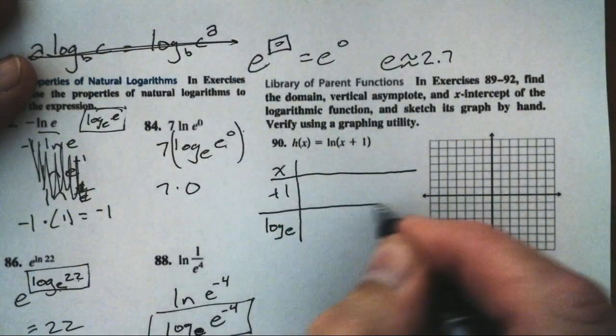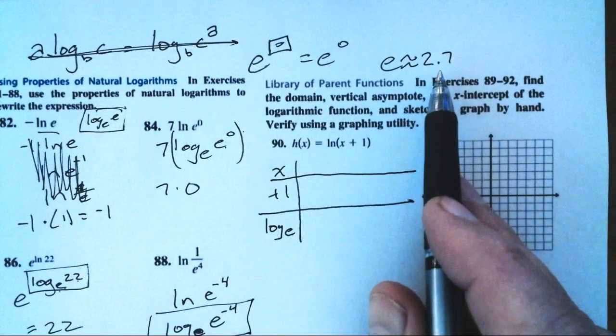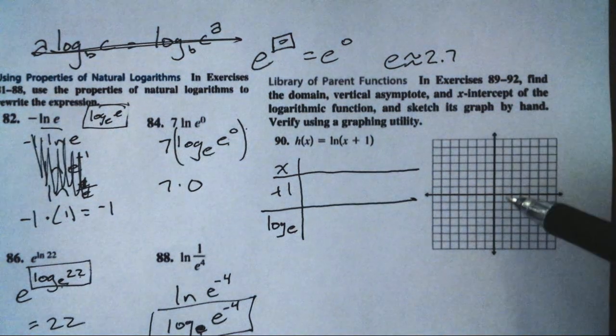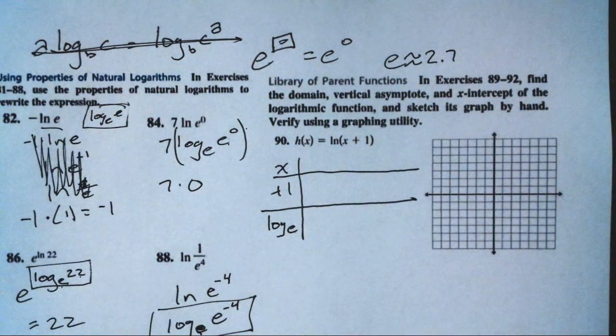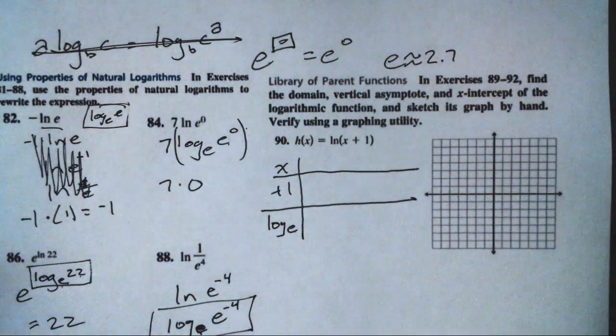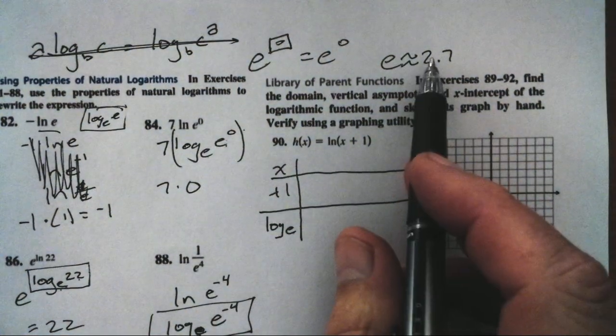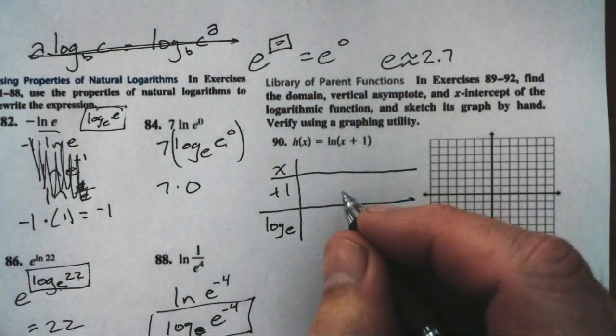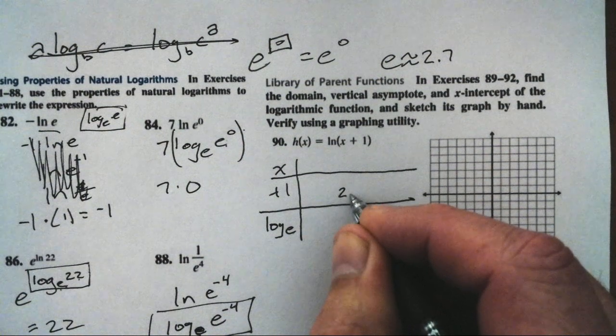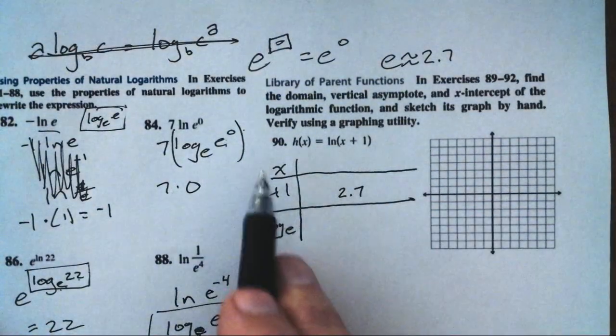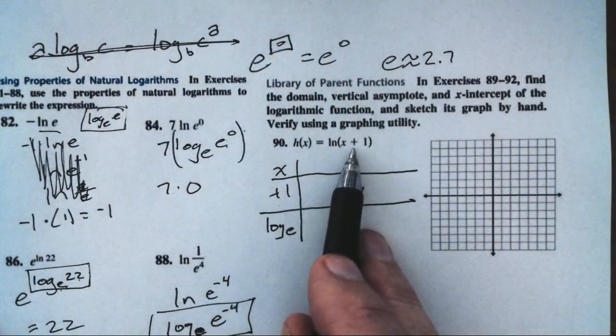For our purposes, no, e is not exactly 2.7, but how are we going to graph 2.7 anyway? It's just an estimation. So we're going to say it's 2.7. So values I'd love to have, and I'm going to put this one over here, 2.7. After I add 1, I'd love this to be 2.7.